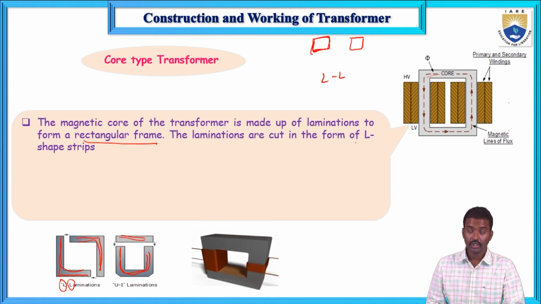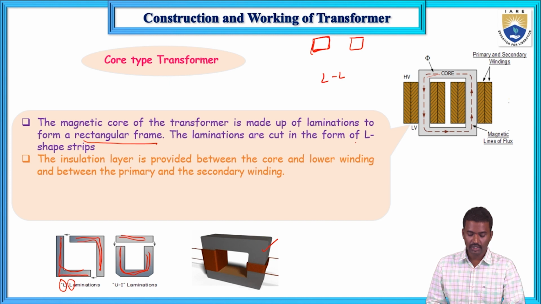Now here is the real picture of the core type transformer, which I already showed in the previous slide. Next, an insulation layer is provided between the primary and secondary winding, and between the lower winding and the higher winding.